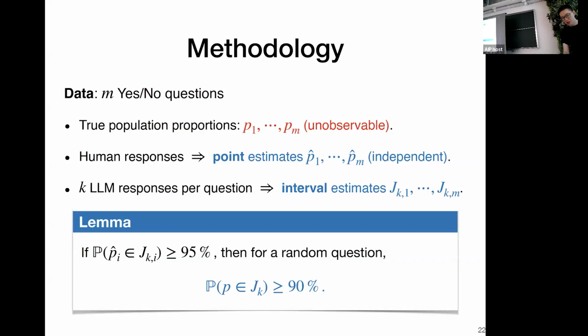So in the condition, this is just an assumption made on the empirical quantity. You want your synthetic interval to cover the point estimate. And you can approximate this because for each point estimate and each synthetic interval, you can check whether it's covered or not.